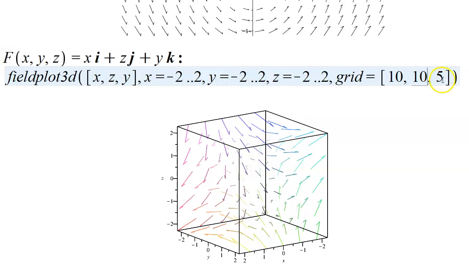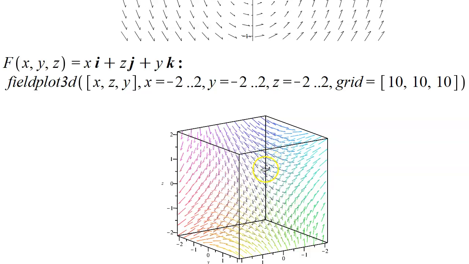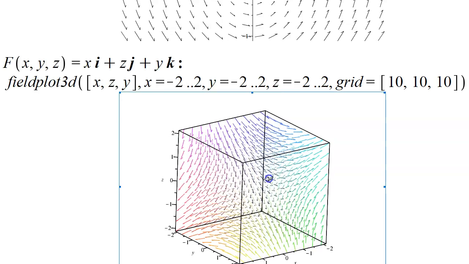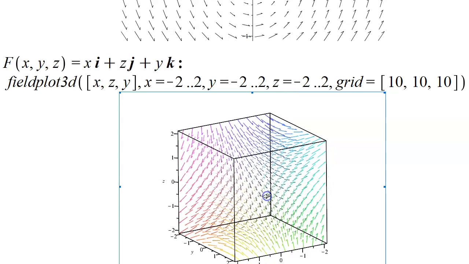So we could instead make all of these 10s and then re-enter the command, and now we have a lot more vectors. We could make this picture a little bigger if we needed to see it, but we can kind of see the directions of each of these. So we kind of have this flow towards this top corner, and then depending on where you start, for other points they sort of flow towards this bottom corner, which is pretty neat.